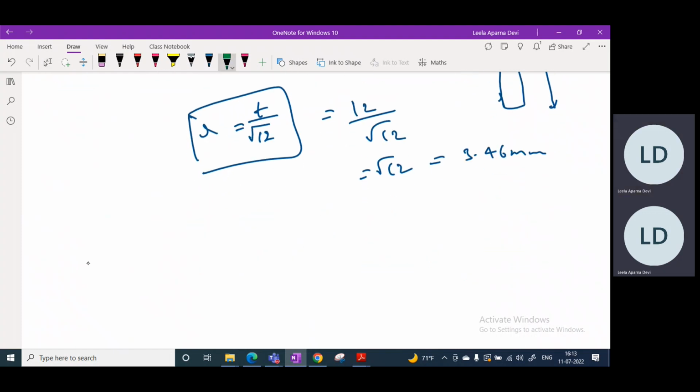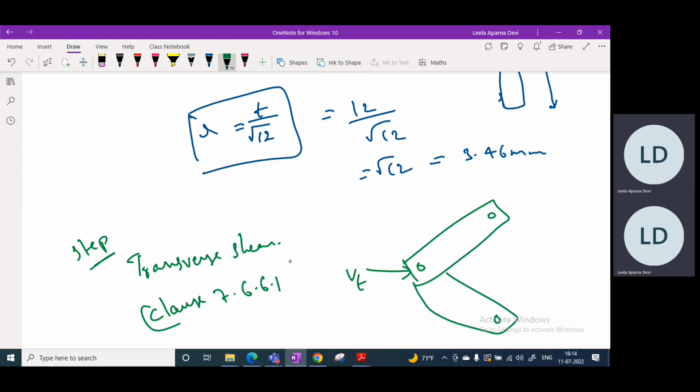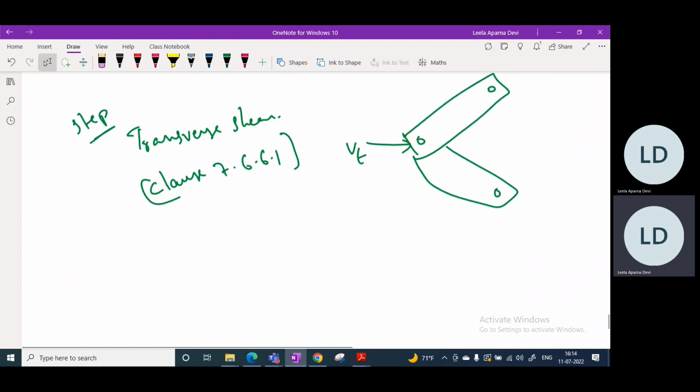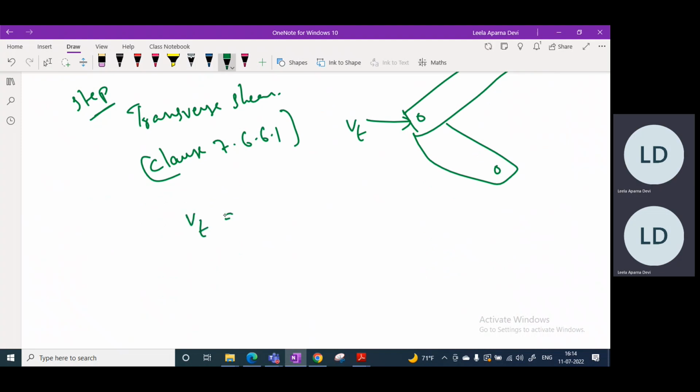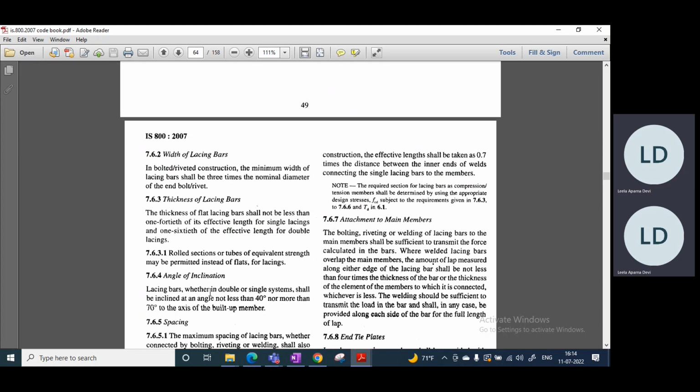The next calculation is transverse shear. For this lacing system, the transverse shear VT will be in this direction. To calculate transverse shear, from clause 7.6.6.1, VT equals 2.5% of Pu, that means the design load.